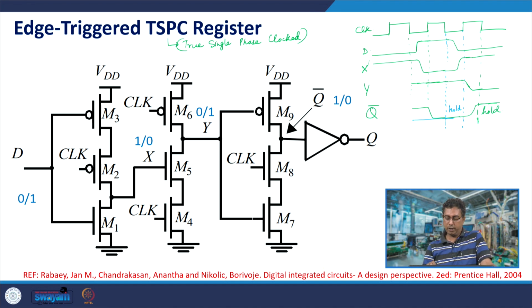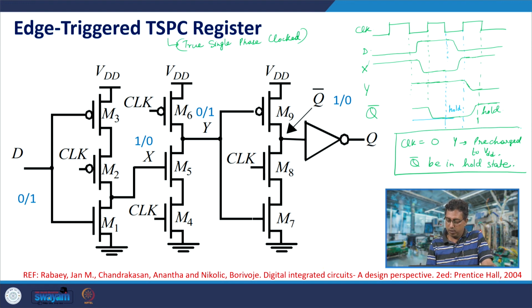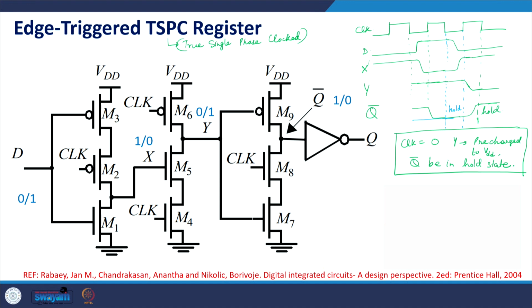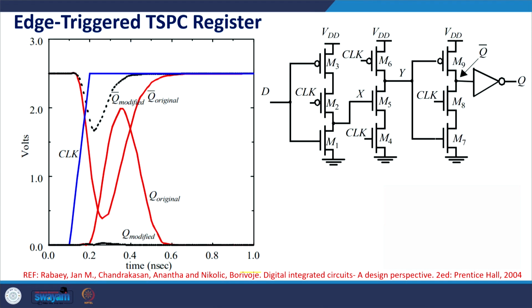So, this is the functioning, and when clock equal to 0, y would be pre-charged to VDD, therefore, Q bar would be in hold state. So, this is the functioning of the TSPC flip flop, but there are some issues with the TSPC flip flop.